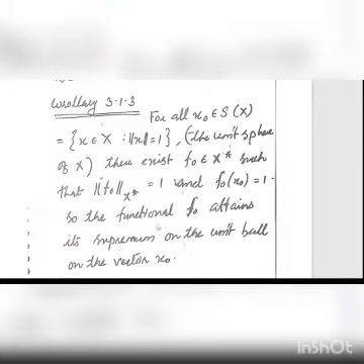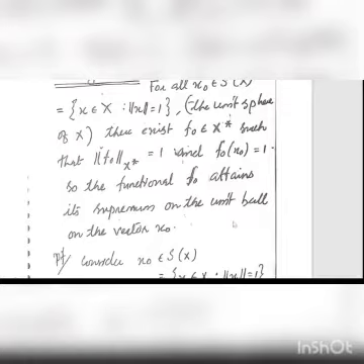So the functional f naught attains its supremum on the unit ball at the vector x naught. So the corollary says that you have got your unit sphere here centered at 0.